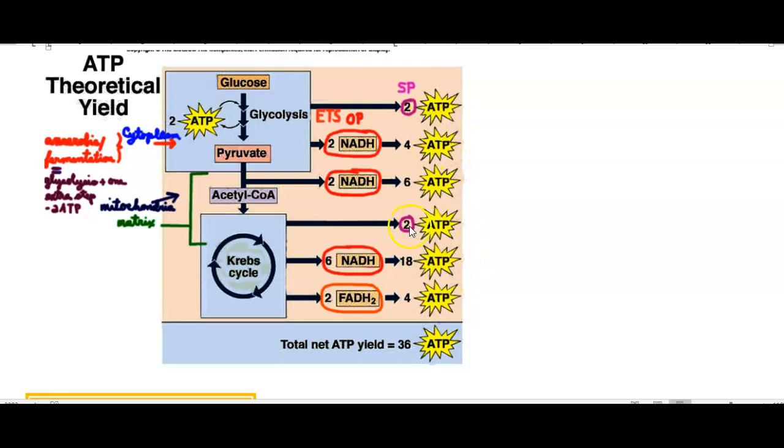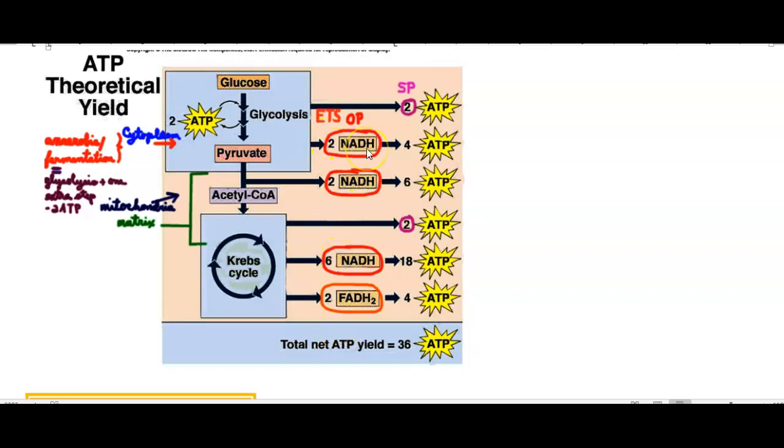Okay, so look right here. I should point this out, just make sure you understand this. These two here, this one right here and this one right here, do not have any electron carriers. See that? No electron carriers. So this is making 2 ATPs through substrate phosphorylation. This is also making 2 ATPs through substrate phosphorylation. But they're also making electron carriers.